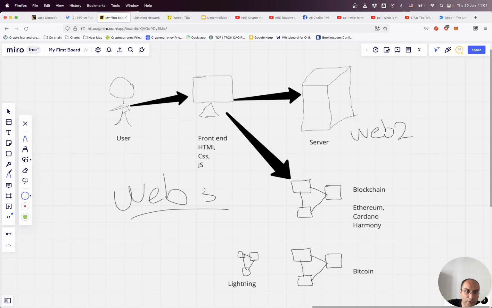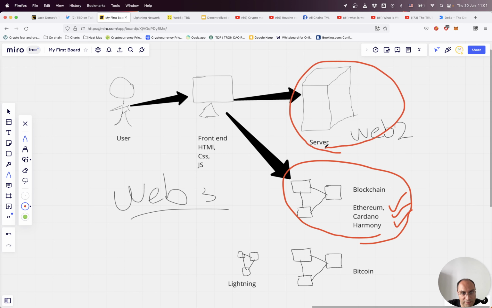They say that these blockchains, like Ethereum, Cardano, Harmony, the layer one blockchains, are not as decentralized as we are expecting for storing our data. It is true they are not centralized like this, but they are not as decentralized as we are expecting.